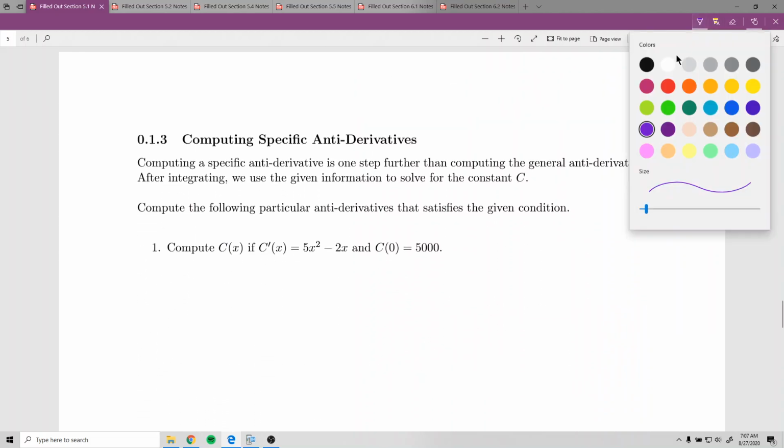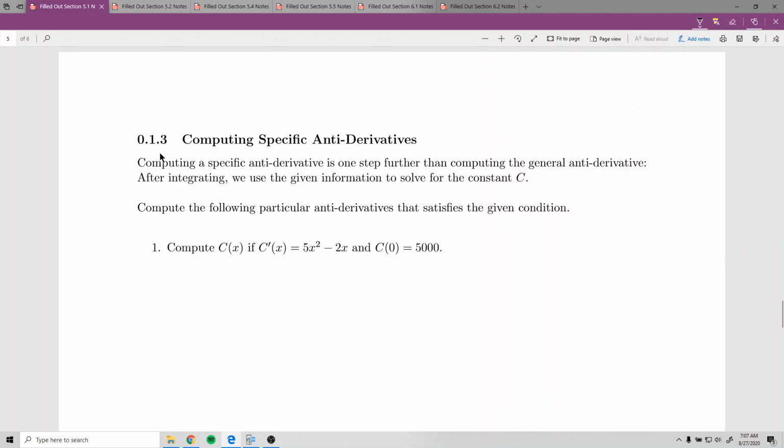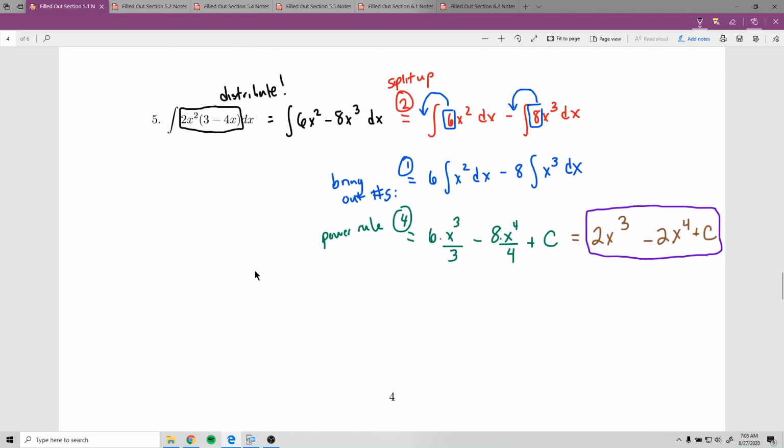Right, but the rest of the section is on computing what are called specific antiderivatives. Now, I will say once you learn how to compute the general antiderivatives from above, this is just one more step. If we were given the directions to compute a specific antiderivative for this last problem, it would have to tell us something extra so that we could solve for C. That's the only difference.